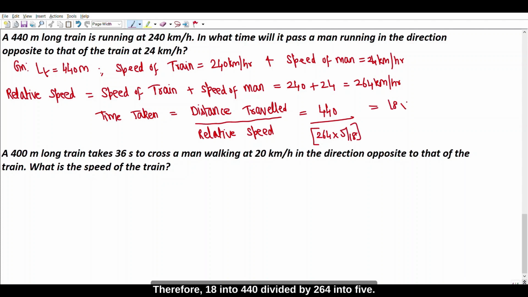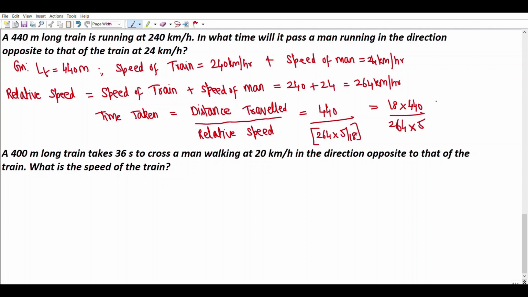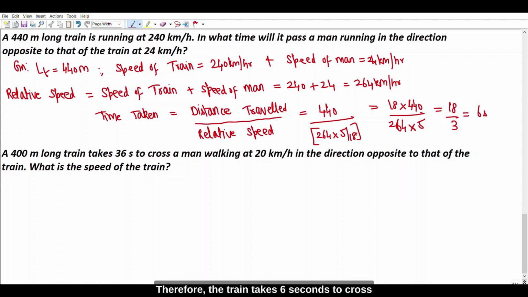Therefore, 18 into 440 divided by 264 into 5. Upon solving, we get 18 by 3, which is equal to 6 seconds. Therefore, the train takes 6 seconds to cross the man who is running in the opposite direction to that of the train. Let us solve one more example.